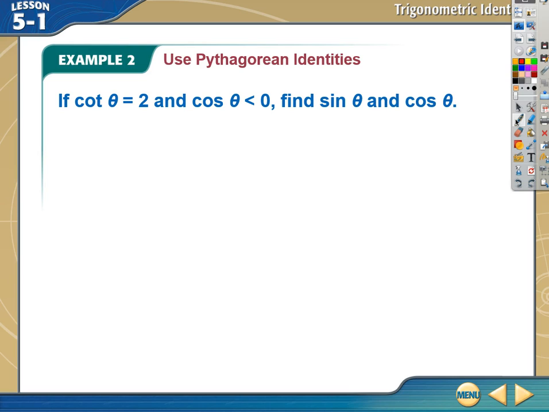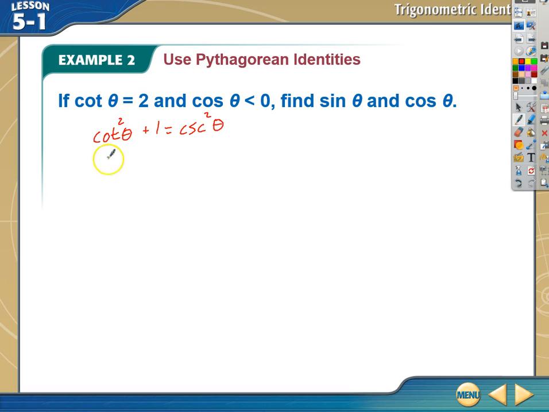Well, I know there's a relationship with cotangent and cosecant. I know that cotangent theta squared plus 1 is equal to cosecant theta squared. So why do I want to know about that? Well, I know that cosecant is just a reciprocal of sine. So hey, if I find out what cosecant is, I can find out what sine is.